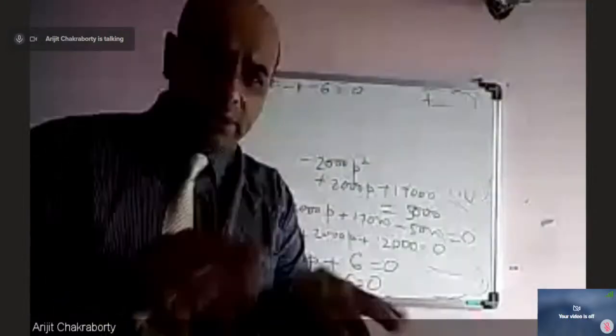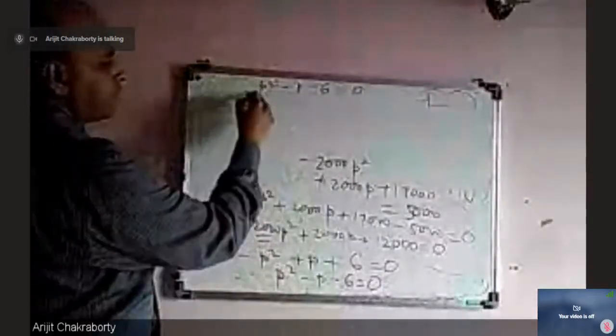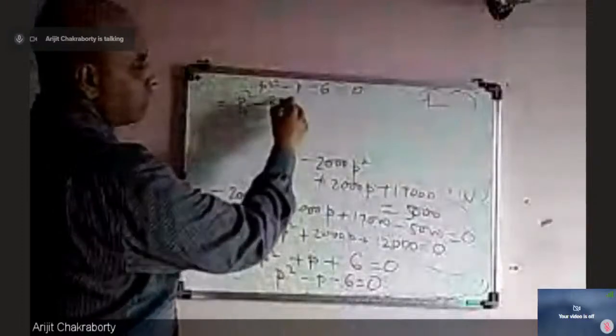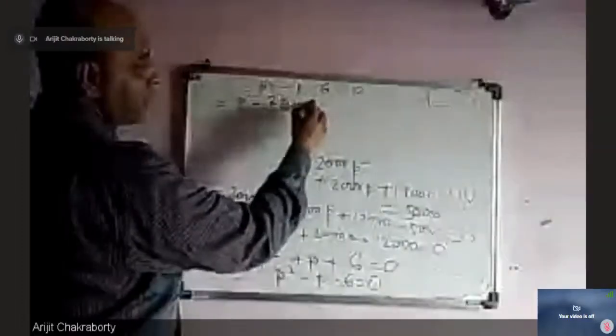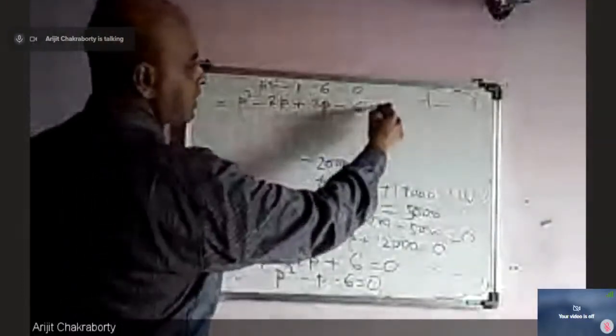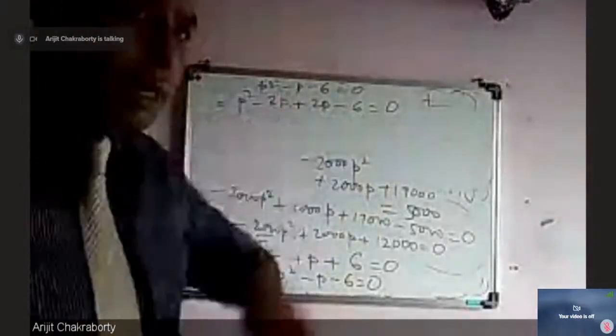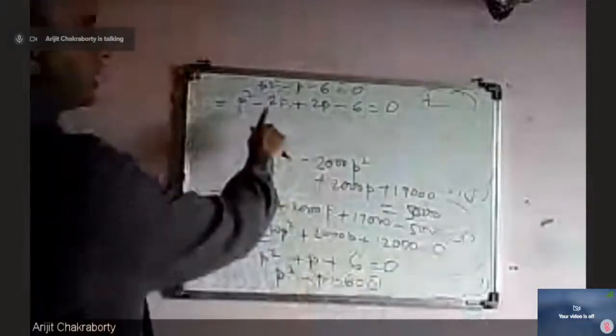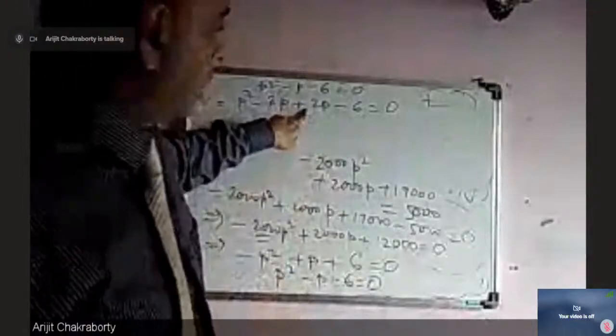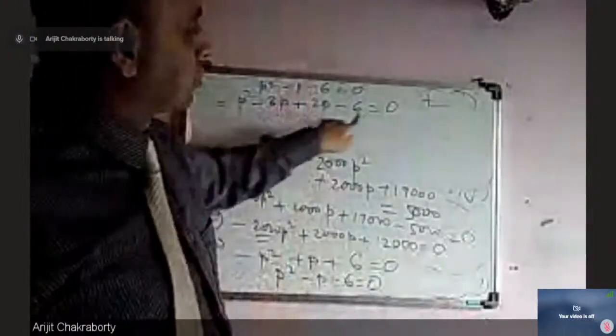Quadratic equation, middle term split. So this will be P square minus 3P plus 2P minus 6 equal to 0. I am splitting minus P in this way, making it minus 3P plus 2P. So you can see alpha beta becomes 3 into 2, 6, and alpha plus beta is minus 1.